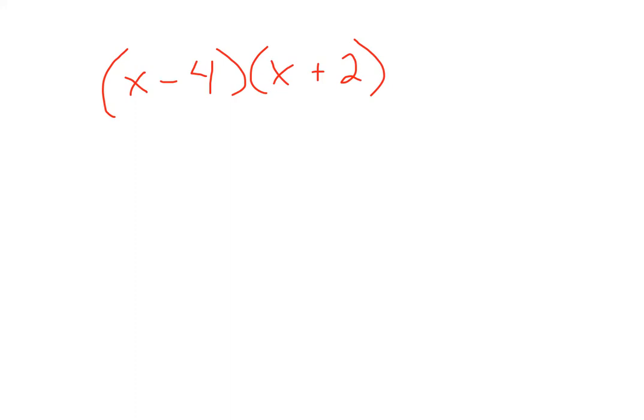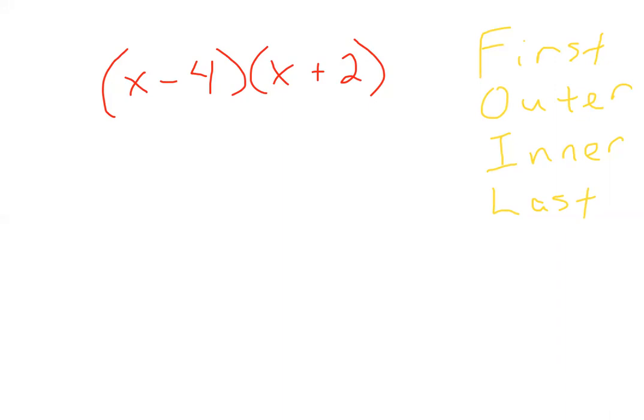Now, the most common method that you hear is saying FOIL it. Now, what does FOIL mean? It stands for first, if I could spell, outer, inner, last. It is the steps of multiplying binomials.